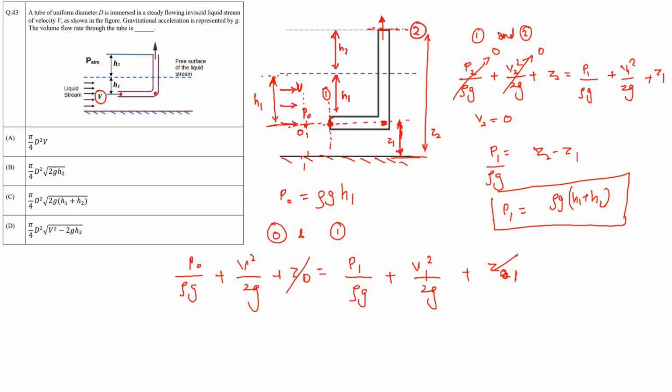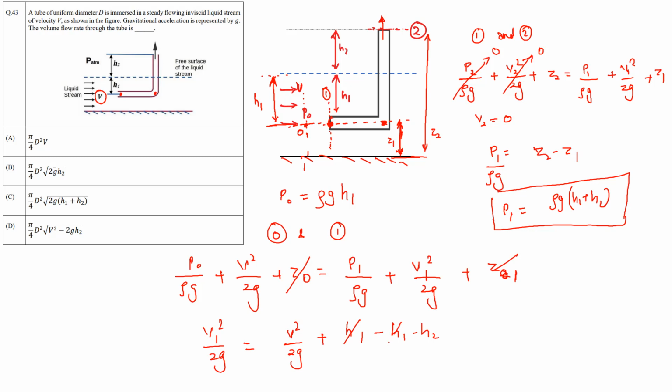Since P0 is rho g H1 and P1 is rho g times H1 plus H2, you can say that V1 square over 2g will be equal to V square over 2g plus H1 minus H1 minus H2.